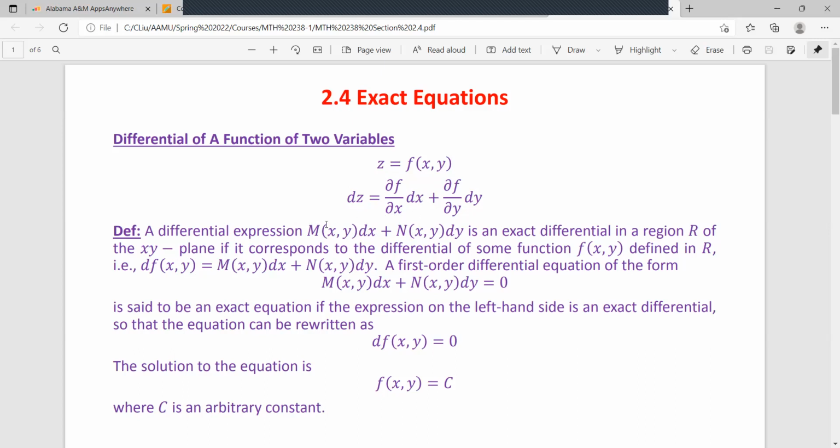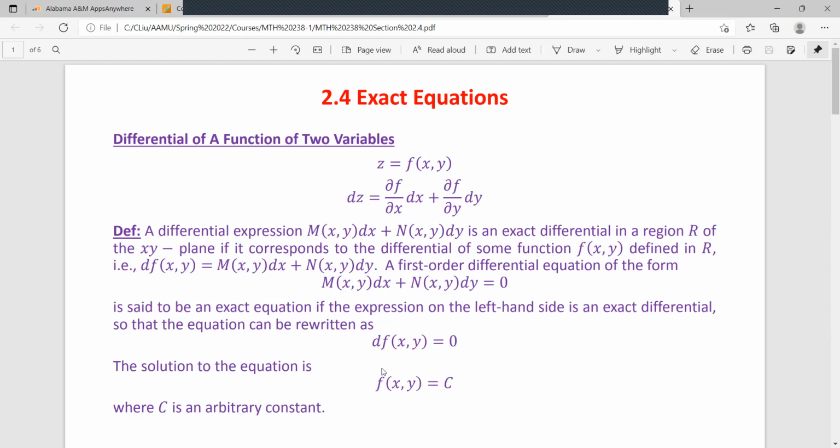So if we can rewrite M dx plus N dy as a full differential dz, then we say this expression M dx plus N dy is an exact differential. And in that case, we can easily solve a differential equation M dx plus N dy equal to 0, and get the solution f of x y equal to c.